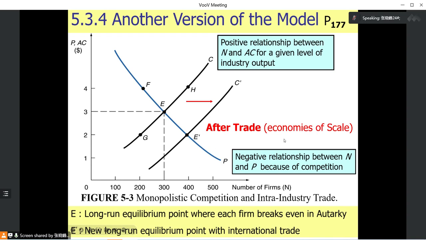So there's a new equilibrium. We can see that through international trade, no matter inter-industry or intra-industry trade, those enterprises who can realize economies of scale can benefit from trade.